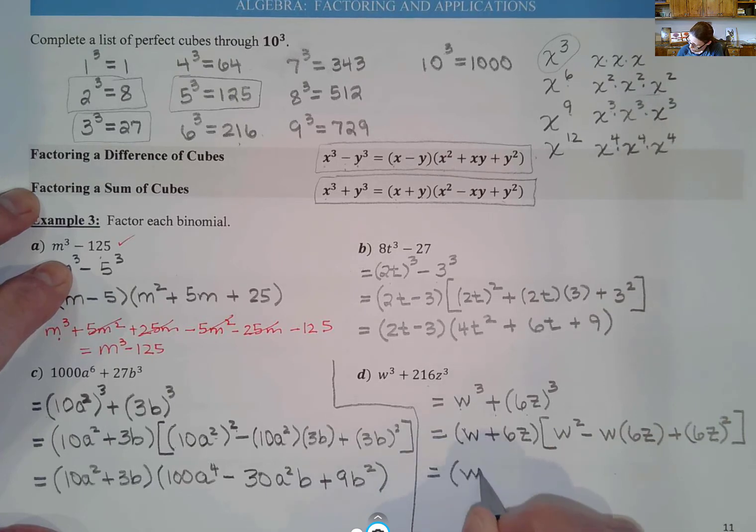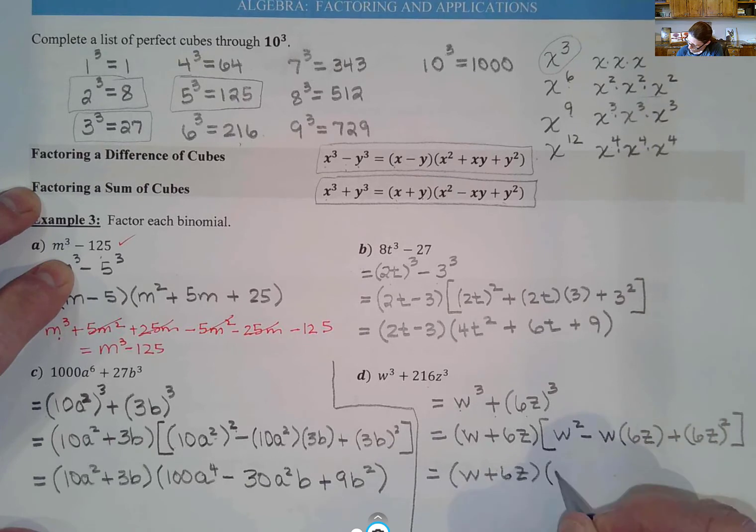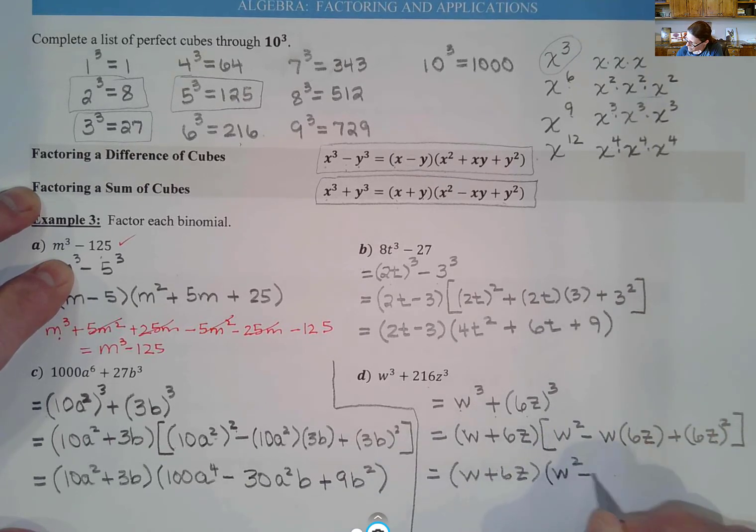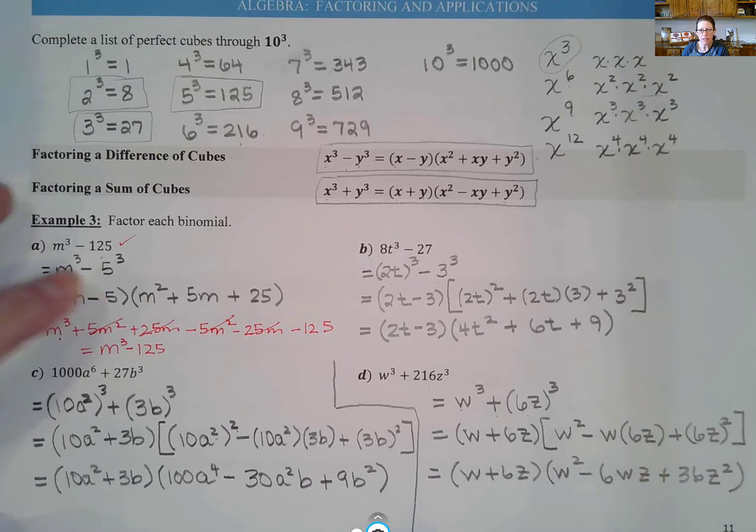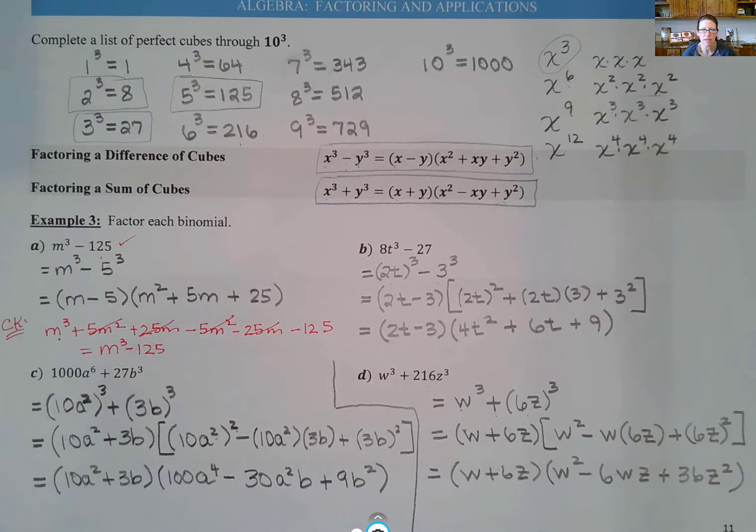That's w plus 6z times w squared minus 6wz plus 36z squared. And again, you can check any and all of these by multiplying.